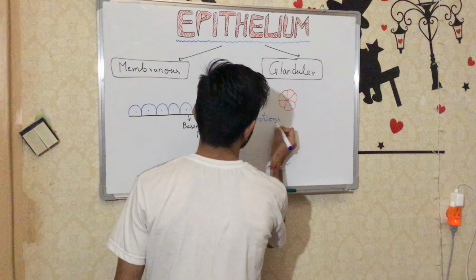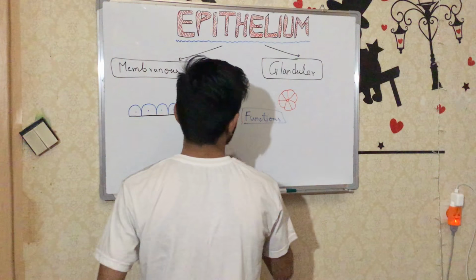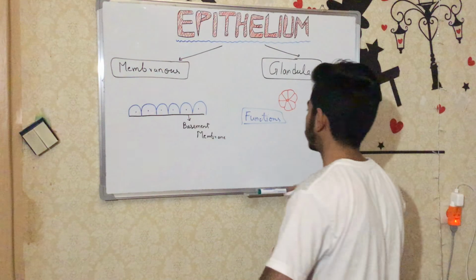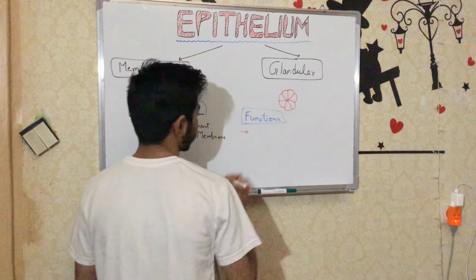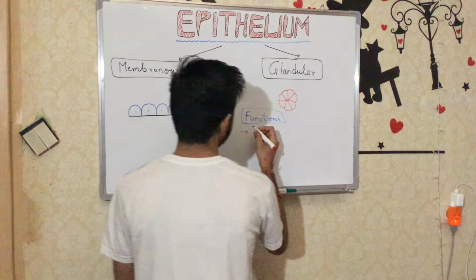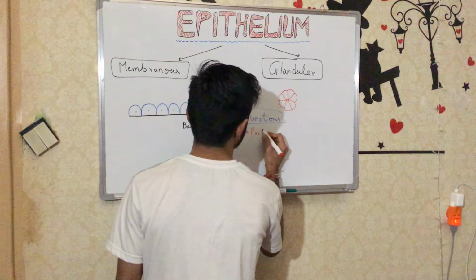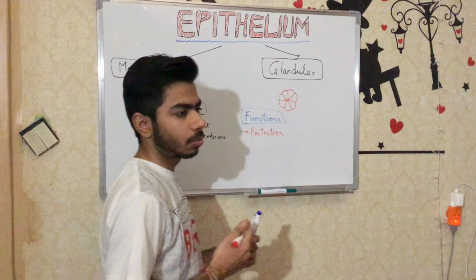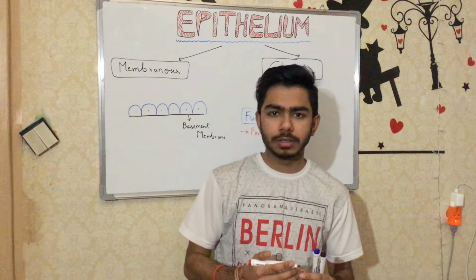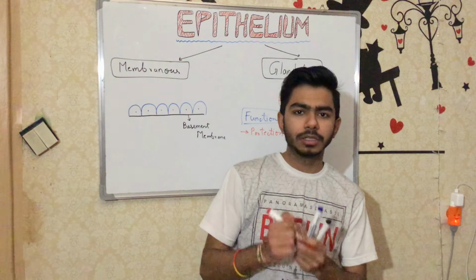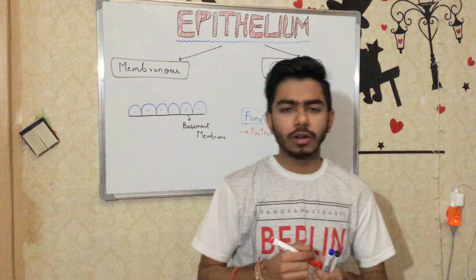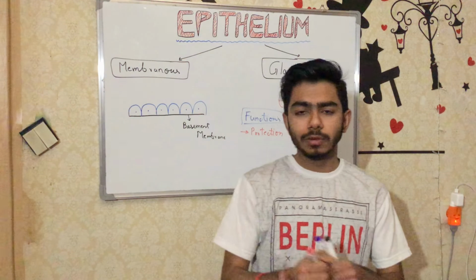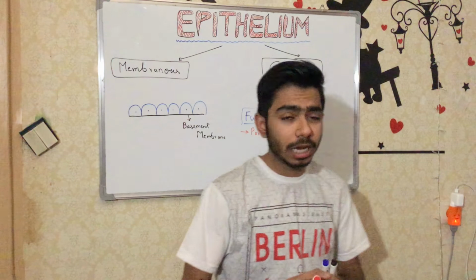Functions of the epithelium. The first one which should come to your mind is protection. For example, protection from many kinds of bacteria. If the epithelium did not protect us, we would be infected with many kinds of bacteria.